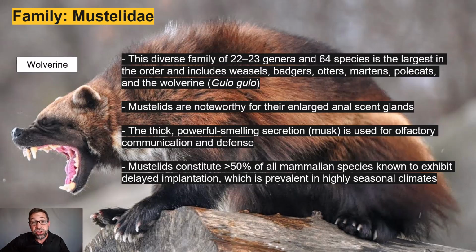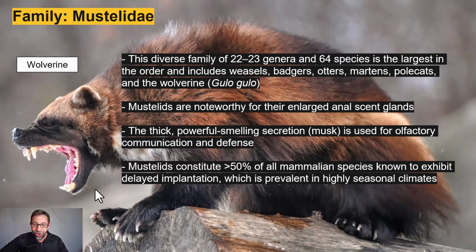The family Mustelidae is a diverse family of 22 to 23 genera and 64 species. It is the largest in the order Carnivora, and it's going to include the weasels, the badgers, the otters, the pine martens, the fishers, the polecats, and the irascible wolverine, pictured here.